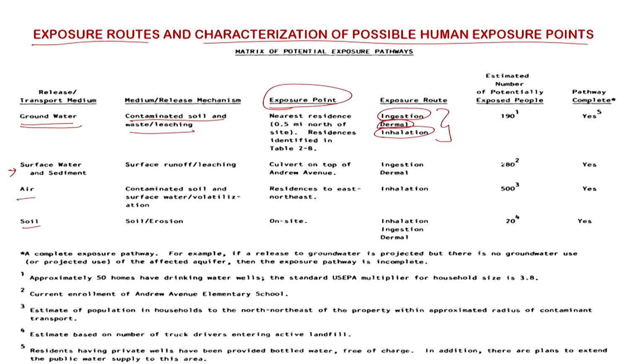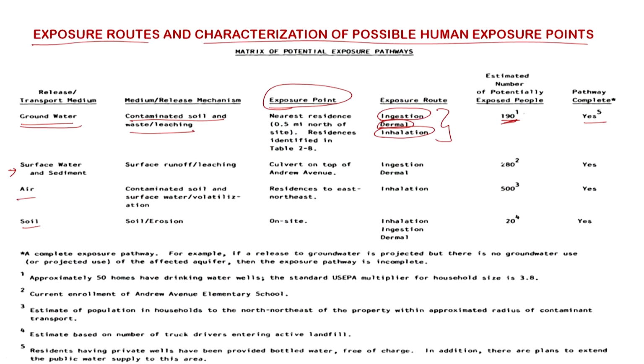So, I am going to look at those relevant standard values too, which are relatively available. Then the estimated number of people that are exposed, and whether the pathway is complete or whether there are any missing links in the transport chain. Based on this I am trying to characterize the exposure routes.